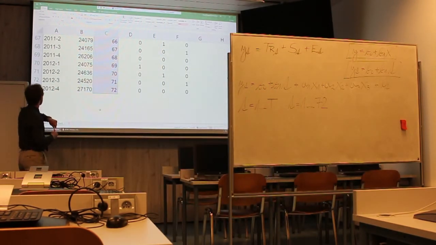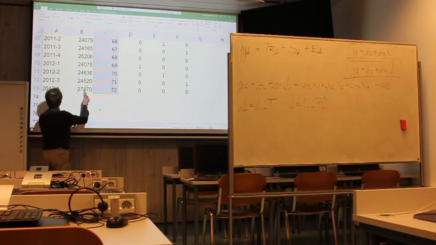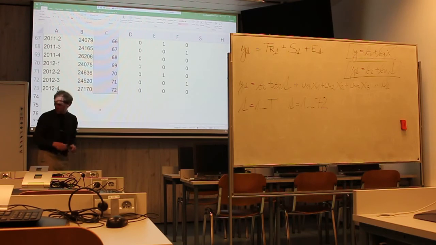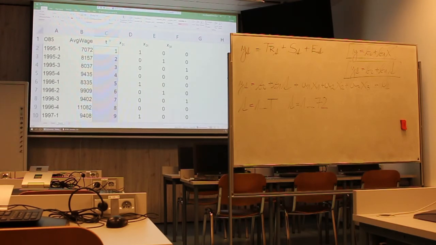The last quarter is the fourth quarter of 2012, with average wage in the fourth quarter of 2012 of 27,170 Czech crowns. Okay, so there we have prepared the structure.